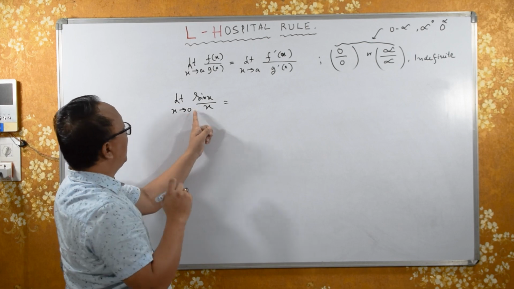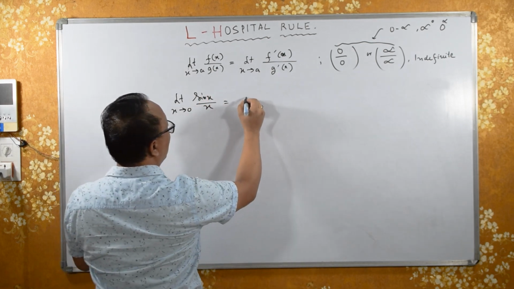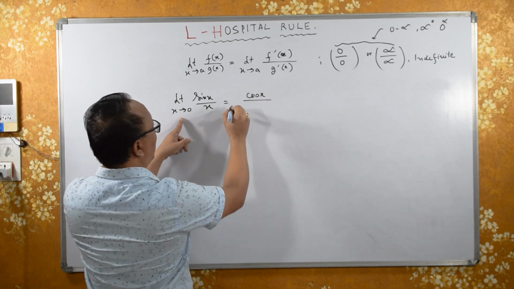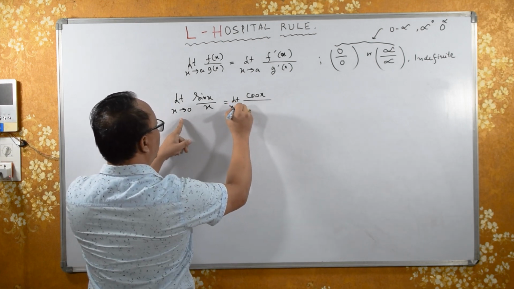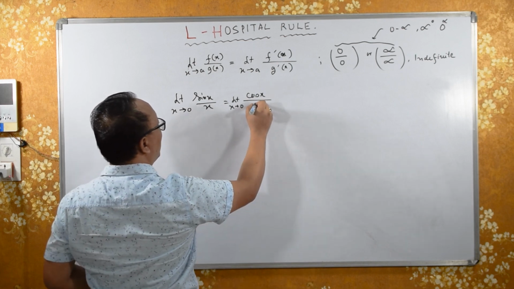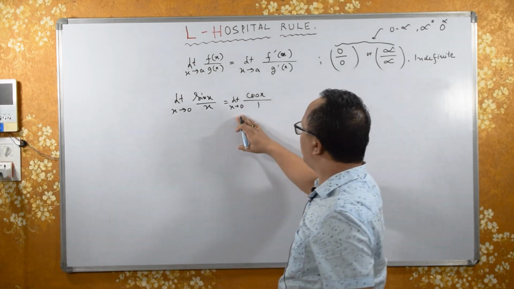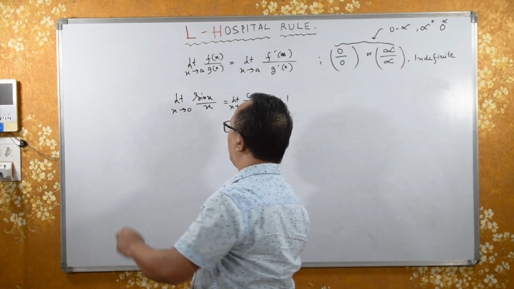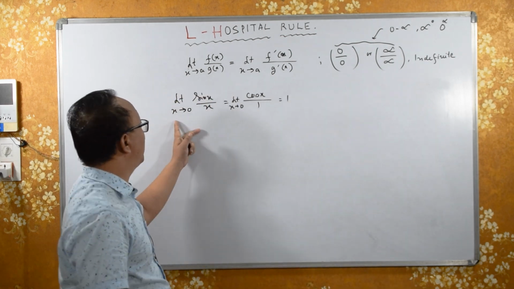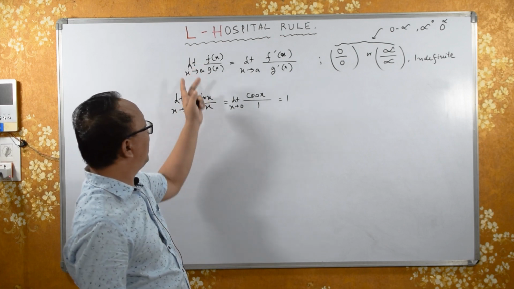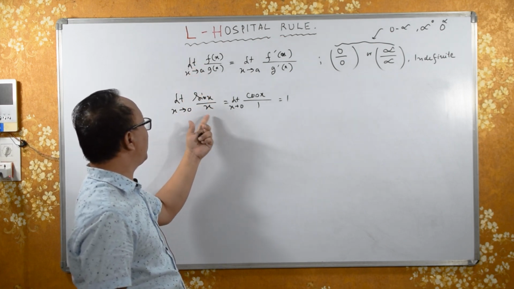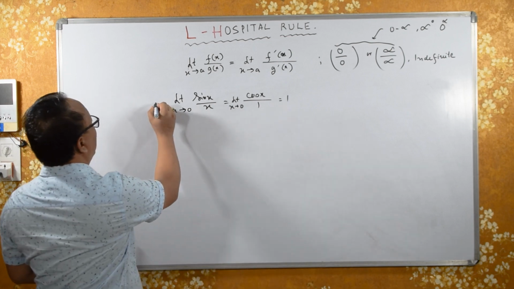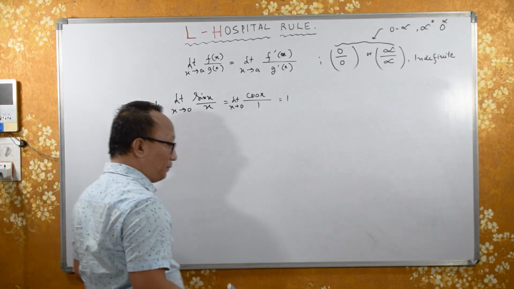Differentiating sin x gives cos x, and the differentiation of x is 1. When x tends to 0, cos 0 is 1. So for sin x upon x, where x tends to 0, we are getting the value of 1.